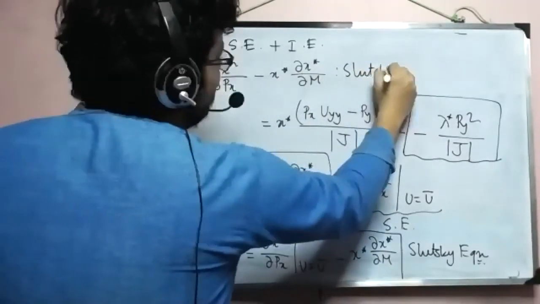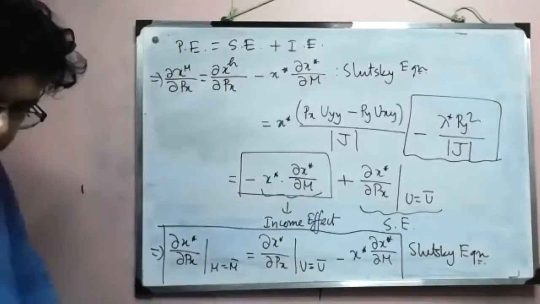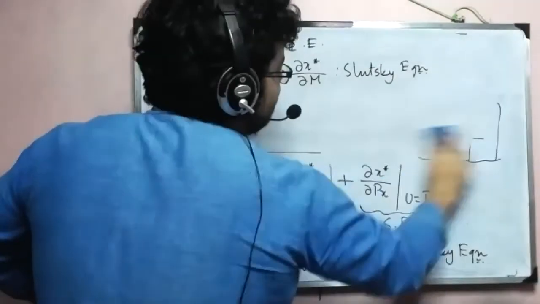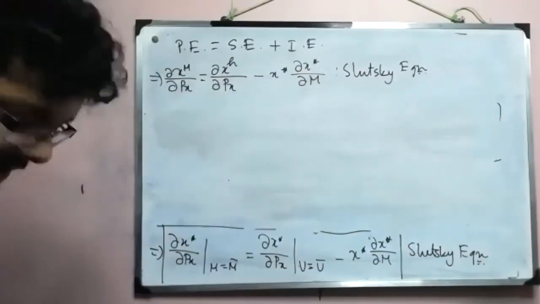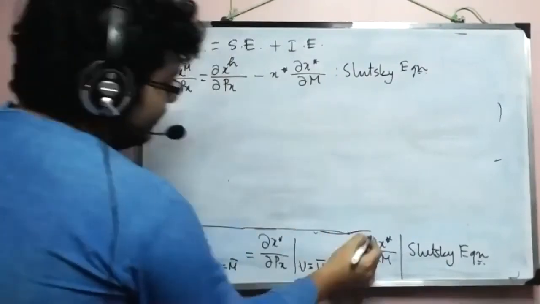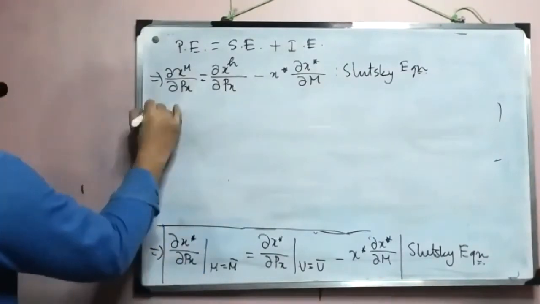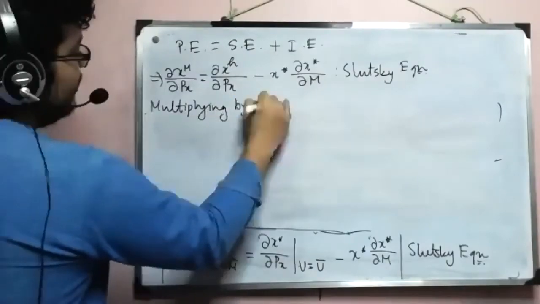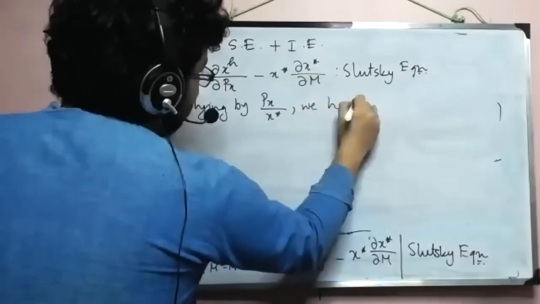Just to add with it, a Slutsky equation can also have an elasticity form. Just to extend our work a bit, Slutsky equation can have the elasticity form also. And to get that, the job is very simple. We just have to multiply this equation that we have here, by Px by X star. So multiplying by Px divided by X star, what do we have?